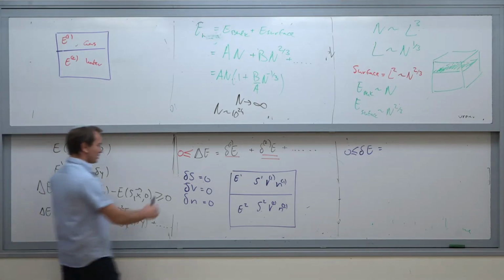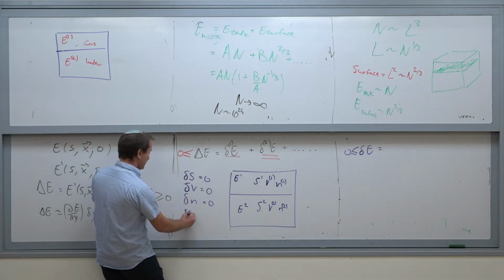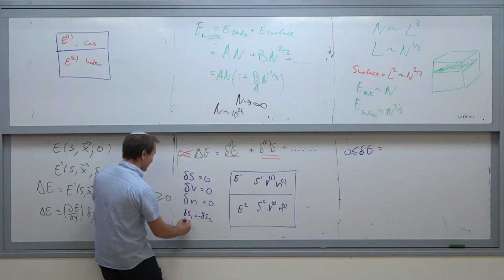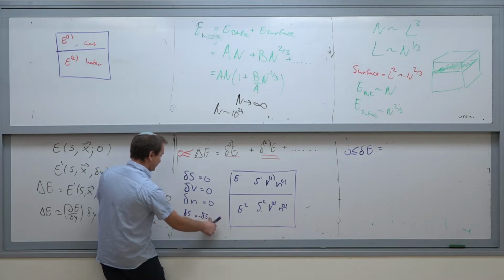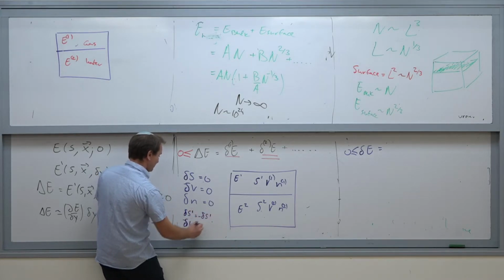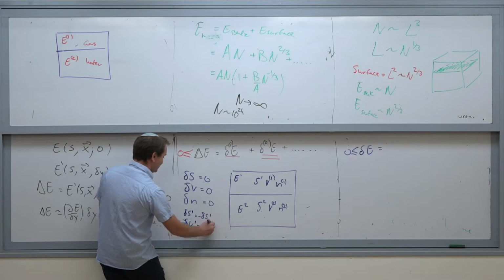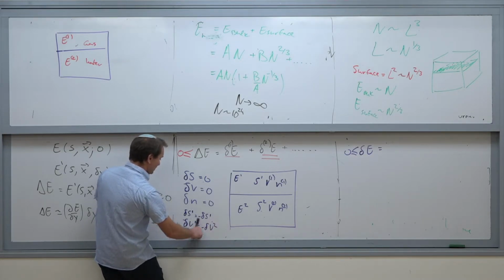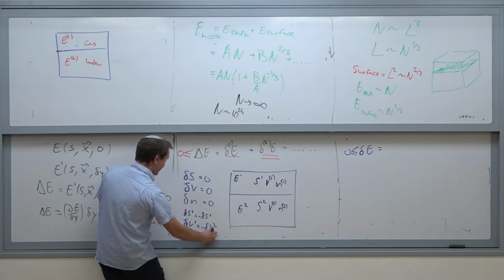Okay? But this means that delta S1 equals minus delta S2. And delta V1 equals minus delta V2. And delta N1 equals minus delta N2.